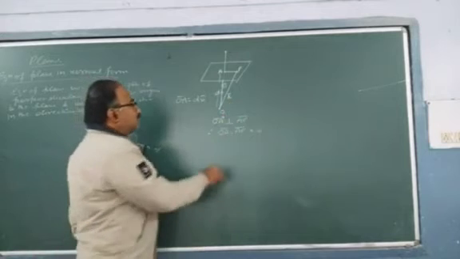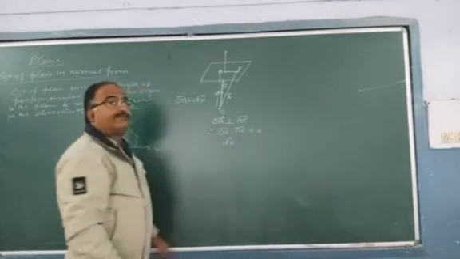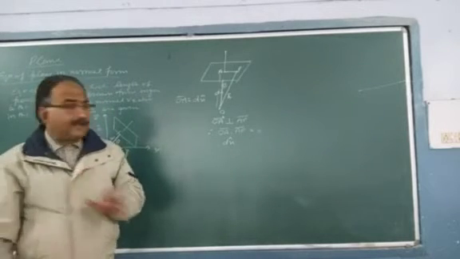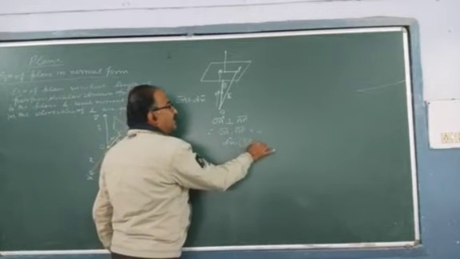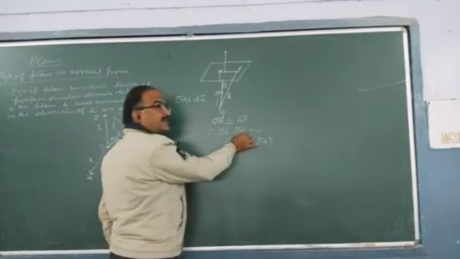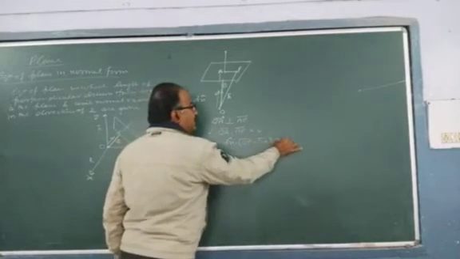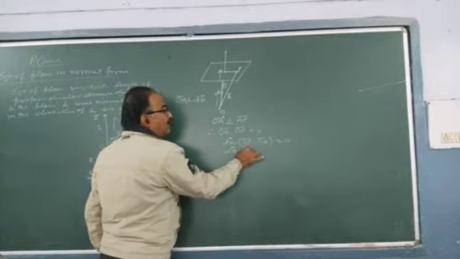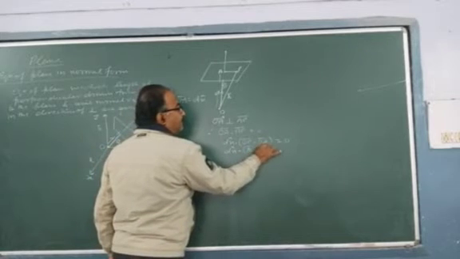So OA can be written as d n cap. Can we write it? In the case of OA, we can write d n cap. And AP means OP minus OA: the position vector of the second point minus the position vector of the first point, equal to 0. So d n cap dot (OP is vector R, and OA is d n cap), it is the same.